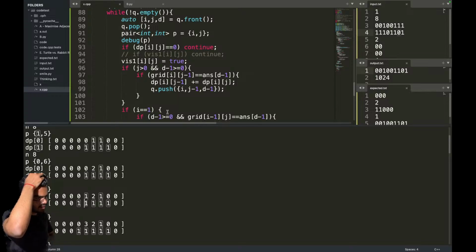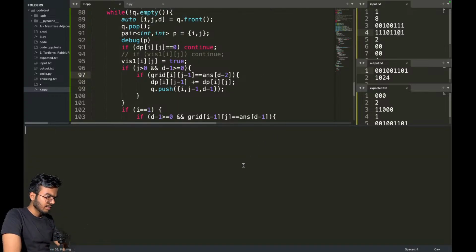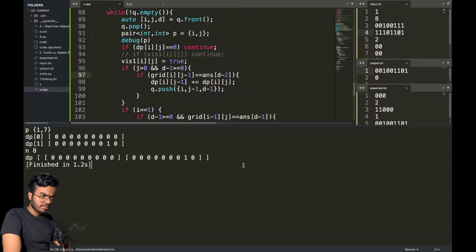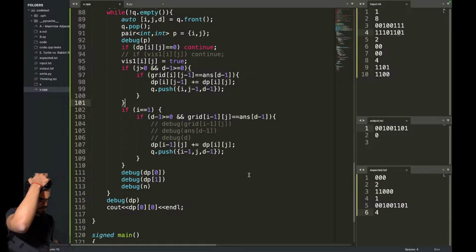It is happening at this stage. So if my grid I j minus 1, I j minus 1 plus equals I j. Should this be dp of d minus 2 instead? No. I j minus 1 d minus 1. This is tough. I j minus 1 d minus, I minus 1 j d minus 1.